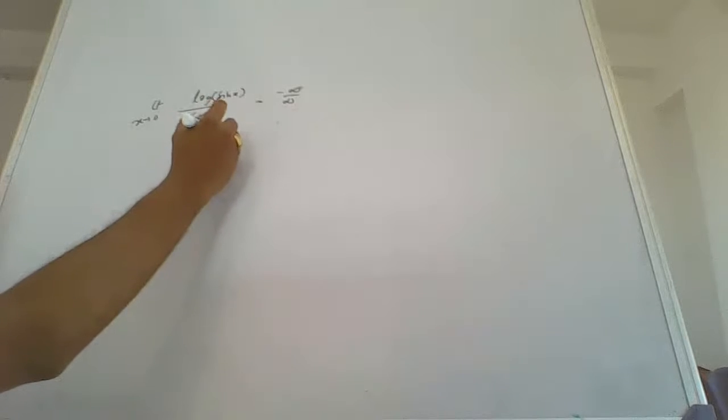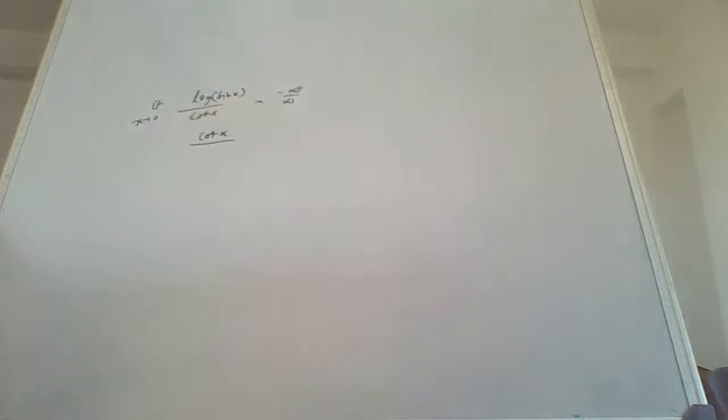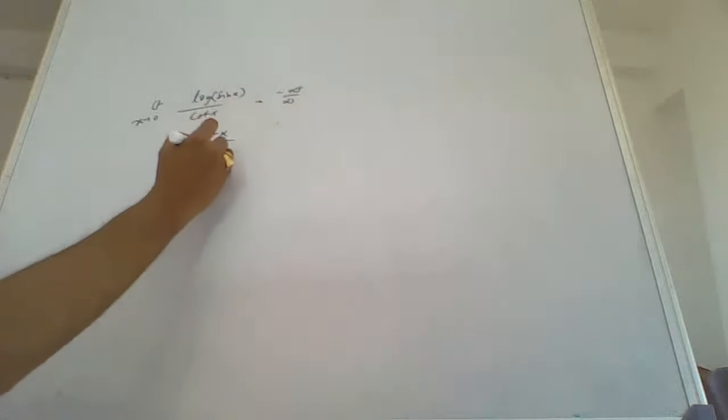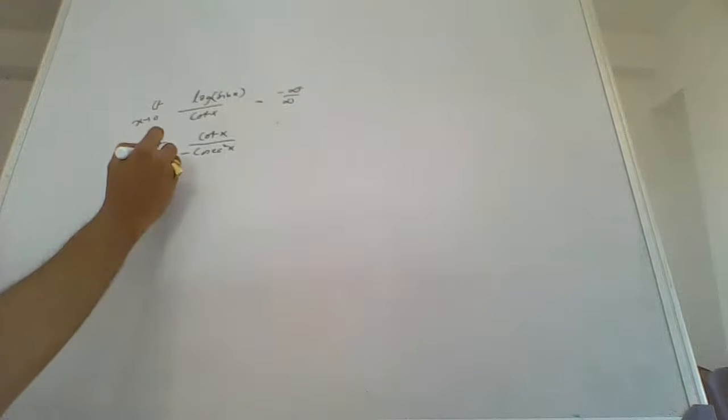Again, it is an indeterminate form. Fine. Let me try to solve this here. Now, the differentiation of log sin x would be cot x, and the derivative of cot is minus cosecant square x. So the limit as x tends to 0.